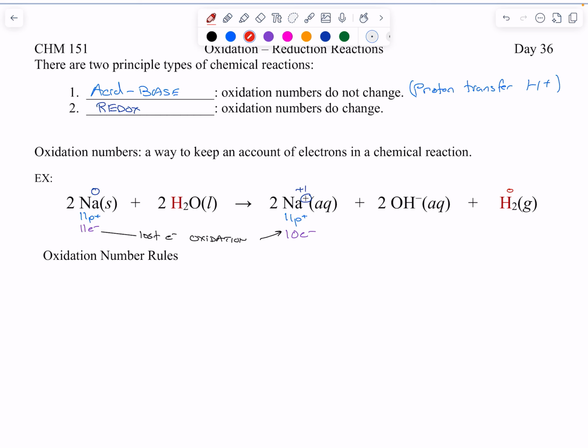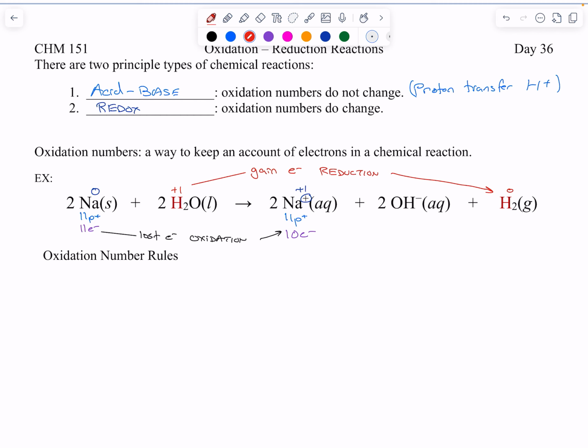Each hydrogen has its proton and its electron. But if we look at water, we'll learn in a second that hydrogen's +1. So here we gain an electron, and that's reduction. That's what happens with H2.